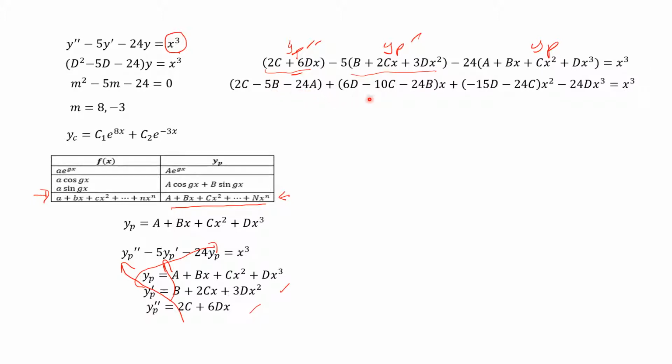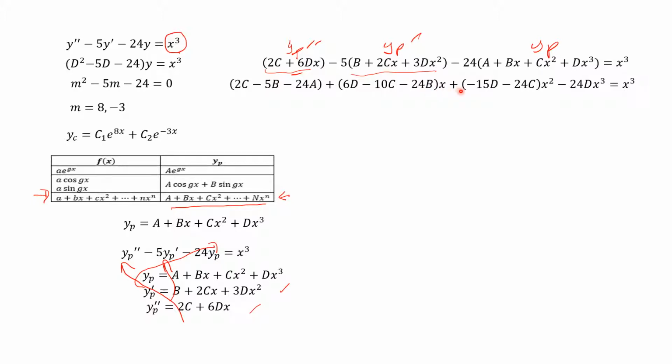And then you have the x terms. What are those x coefficients? You have 6d, and then minus 5 times 2c, which is minus 10c, and then minus 24 times b, which is minus 24b. So these are all coefficients of x.